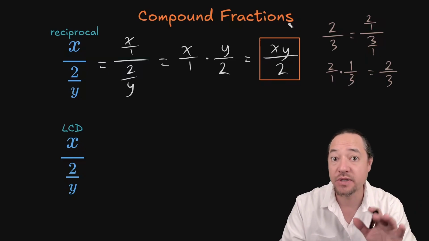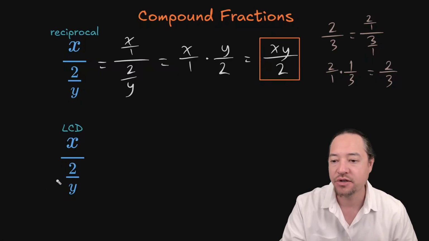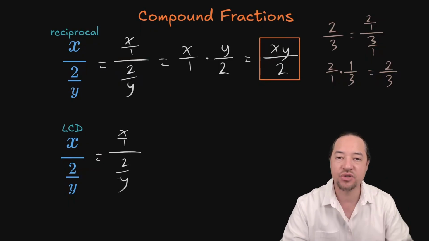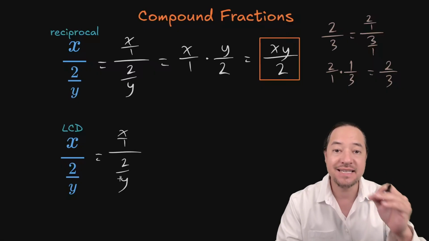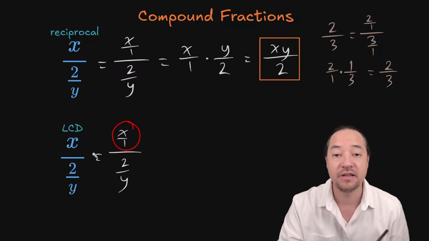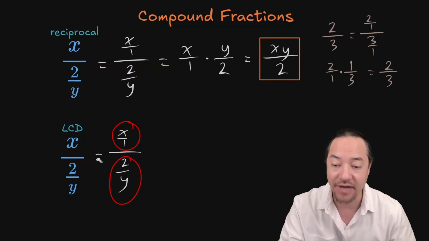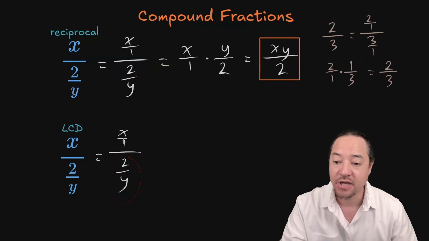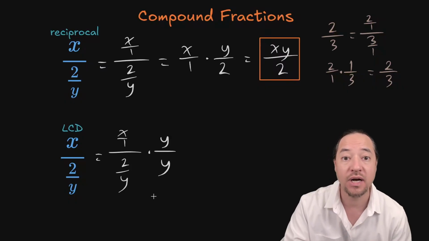Let's look at the lowest common denominator method now. So to do this one, we can also imagine this as x over 1 all divided by 2 over y. And what we're trying to do is find the least common denominator of the fraction in the numerator and the fraction in the denominator, okay? Now in this case, the least common denominator is just y, right? So I can multiply the top and bottom by y over y, just like that, right?